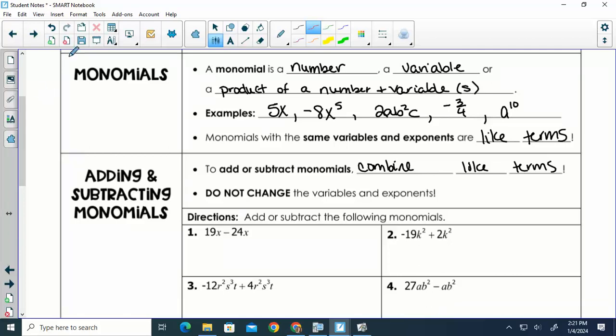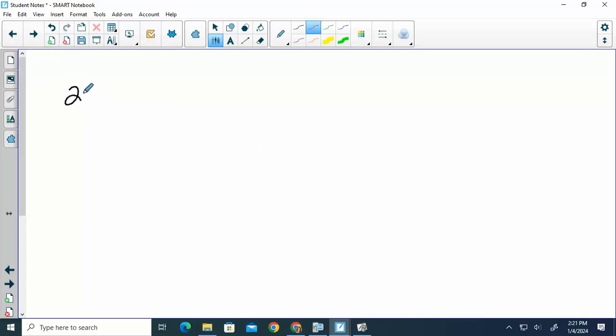So I'm going to take a little detour here and explain something. When I say I have 2x plus 3x, are they like terms? Yes, if the variable part matches, x and x, they're like terms, you just add the numbers in front, so it's 5x. It's always really tempting, people want to say 5x squared, and that's not the case.